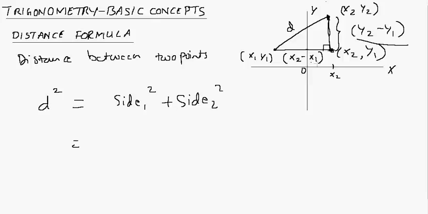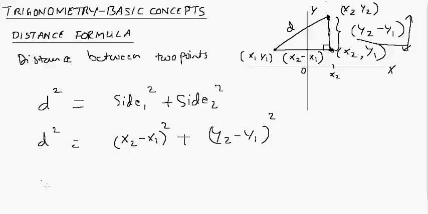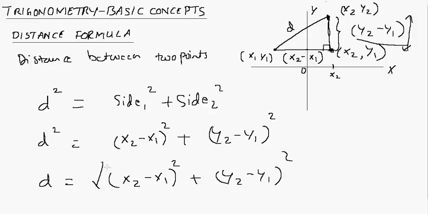Side 1 squared is x2 minus x1 squared, and side 2 is y2 minus y1 squared. And this can also be written as d equals the square root of x2 minus x1 squared plus y2 minus y1 squared.